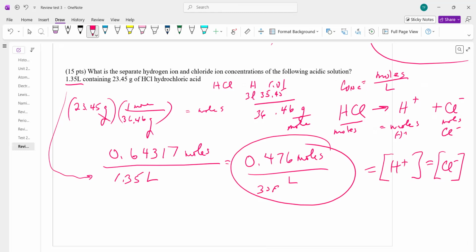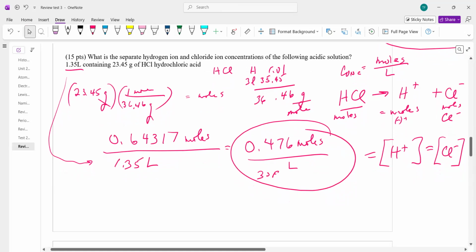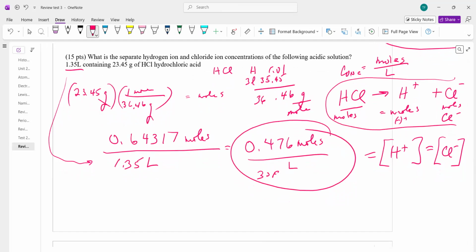Always write down the balanced equation if anything's going on. You should always refer back to that.